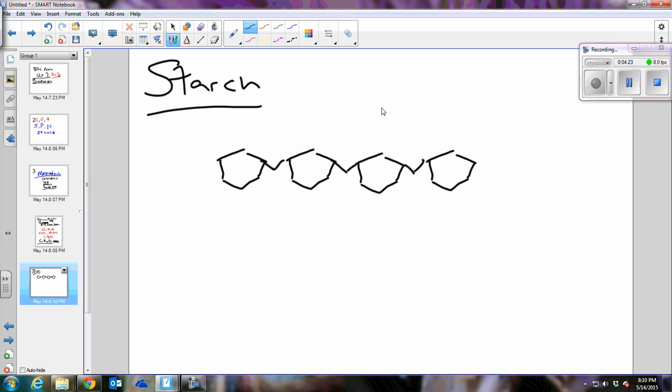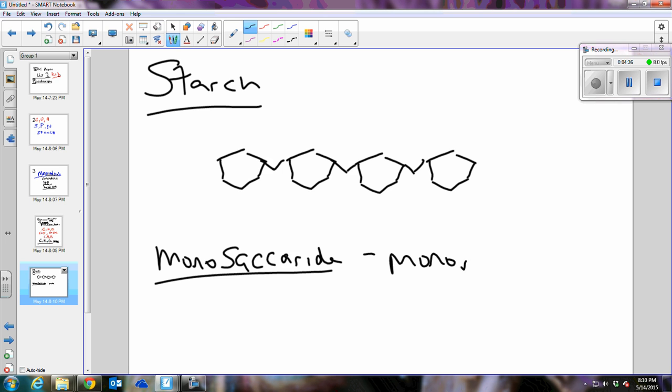Now, each individual glucose molecule is called a monosaccharide. Saccharide is just another word for sugar. And so this is the monomer of carbohydrates. What is a monomer? It's just a single unit of something. It's just one monomer. And what are some examples of monomers?